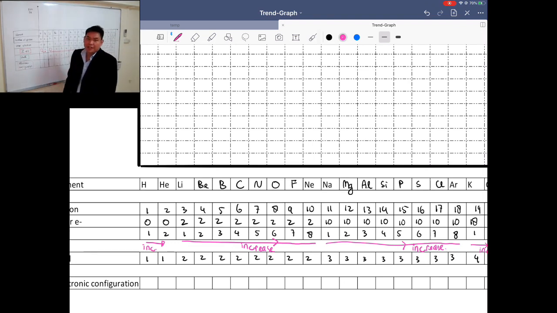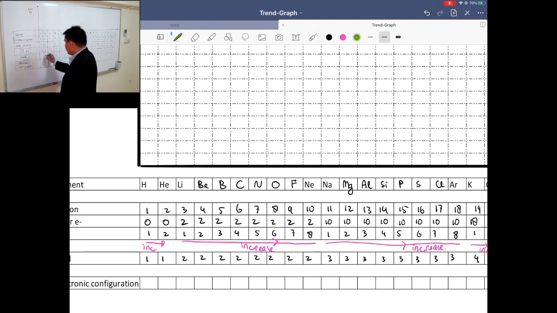How about the number of shells? Intuitively, it's very simple. The more shells you have, the farther away the electron is from the nucleus, then it's going to be easier to remove.